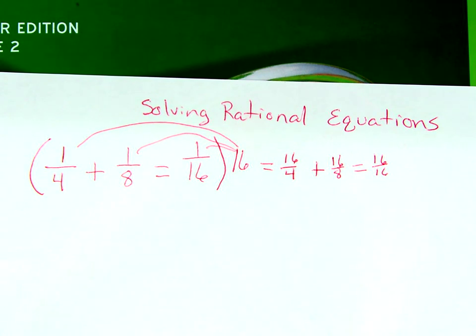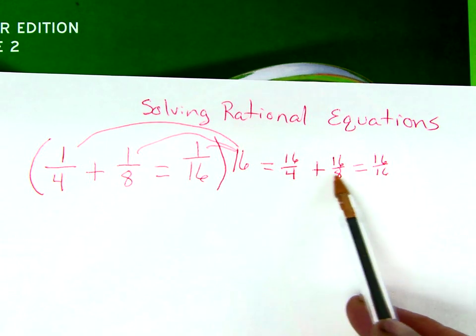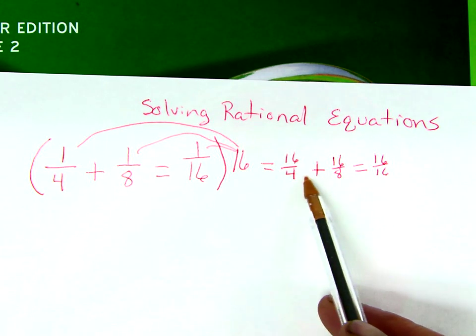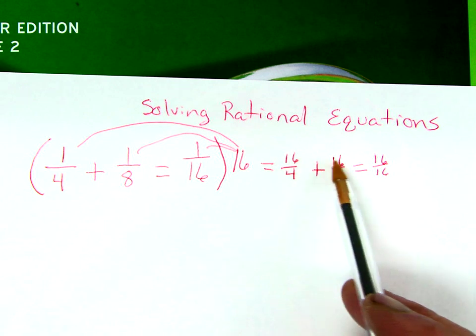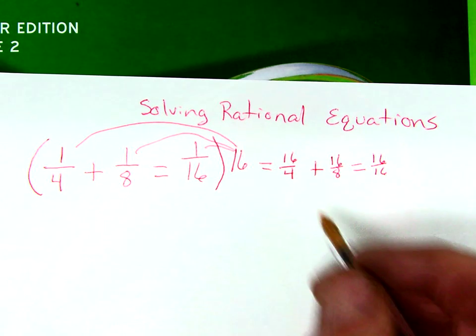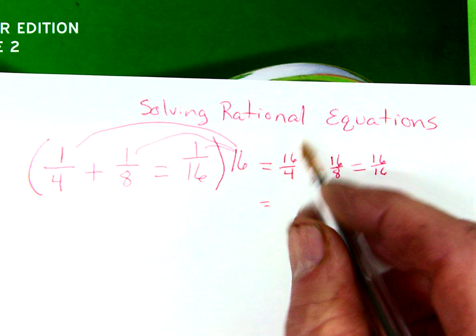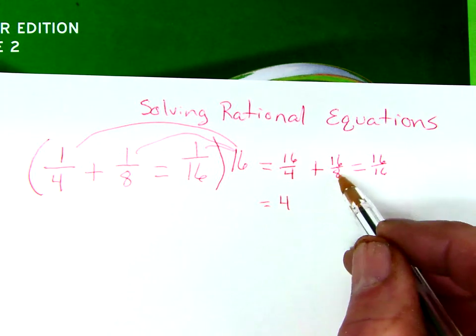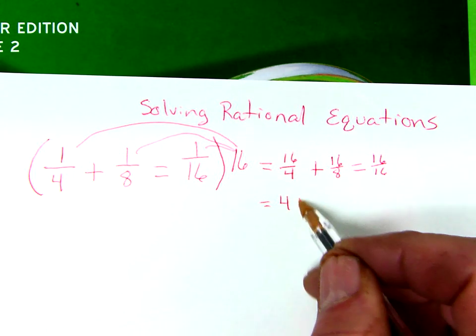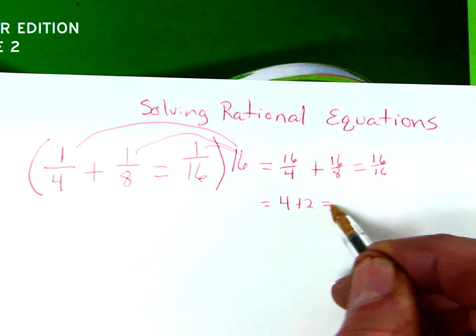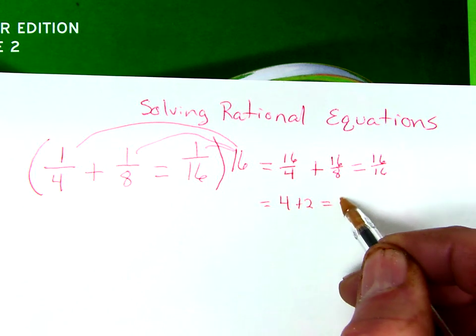Now I already know that every one of these fractions can reduce because the denominators are all factors of 16. 16 over 4 reduces to 4. 16 over 8 reduces to 2. 16 over 16 reduces to 1.